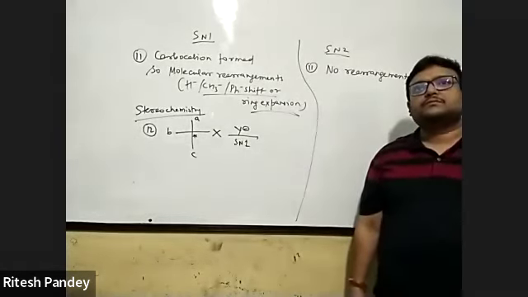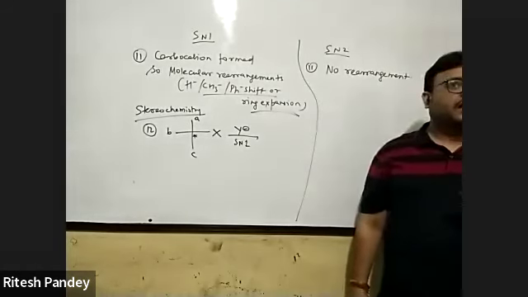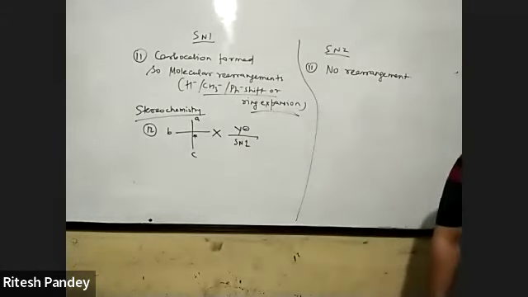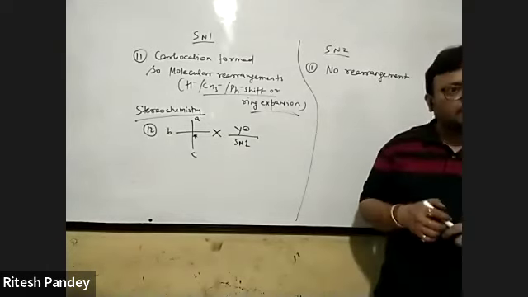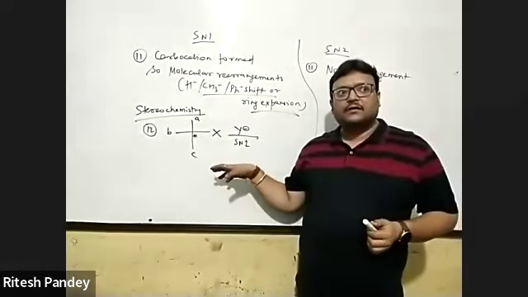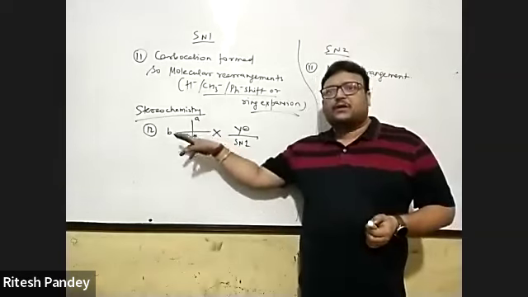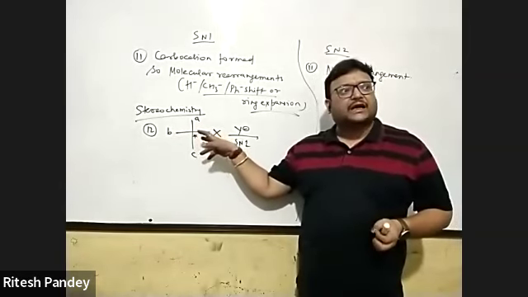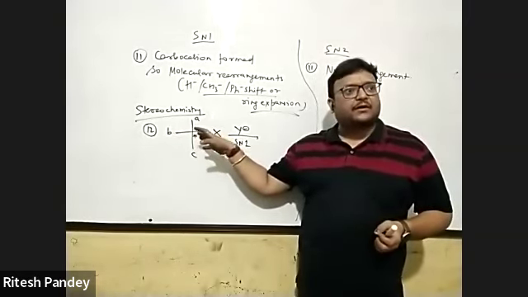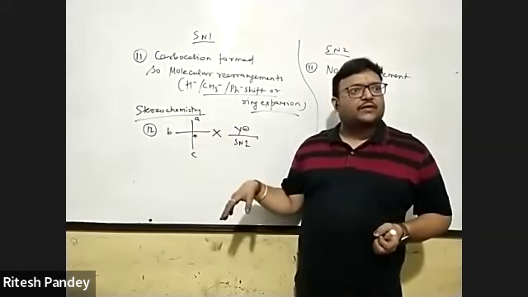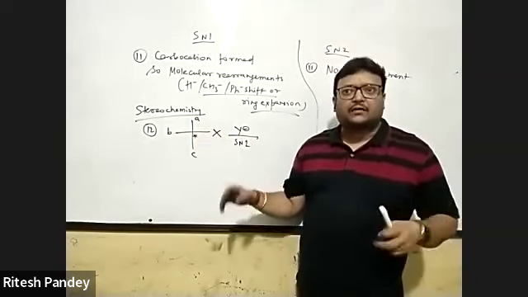Anyone? Any idea? Do you remember this fact? 4 different groups and this will be optically active. It's called a chiral carbon. It could be dextrorotatory or levorotatory. You remember that part?